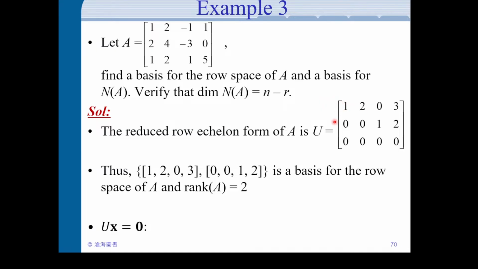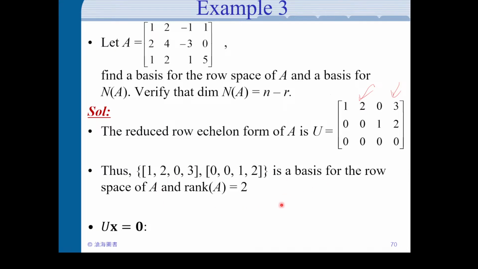You have these two lead variables, 1 and 2. The lead variables are this one and this one here, and the free variables are this column and this column. So from U we see that the nullity is 2 and the rank is 2. And because A has the same null space and row space as U, A also has rank 2 and nullity 2.